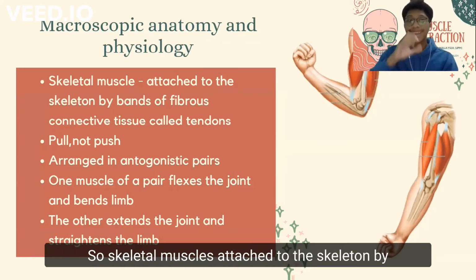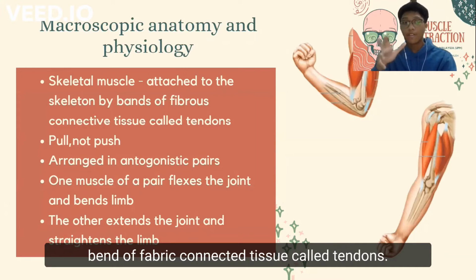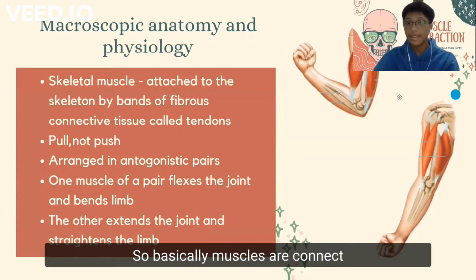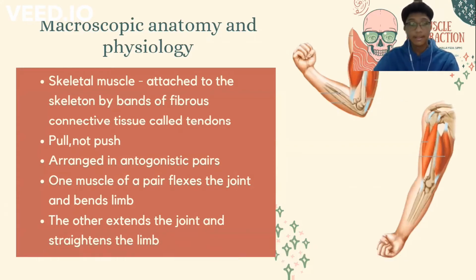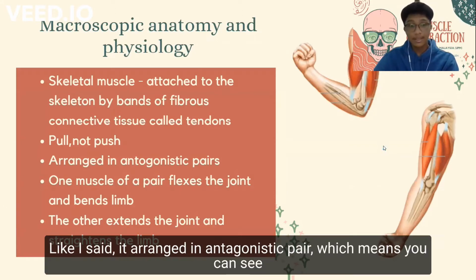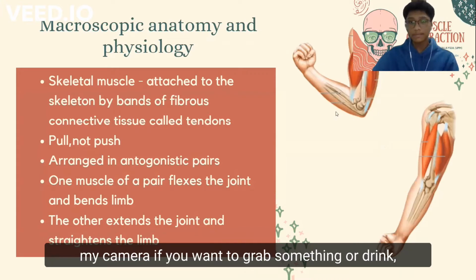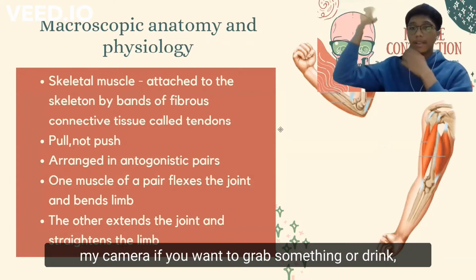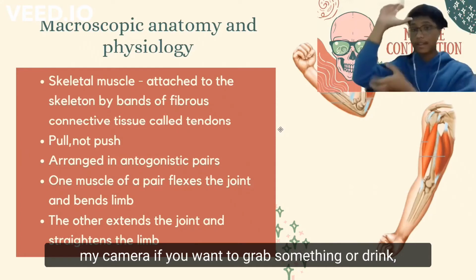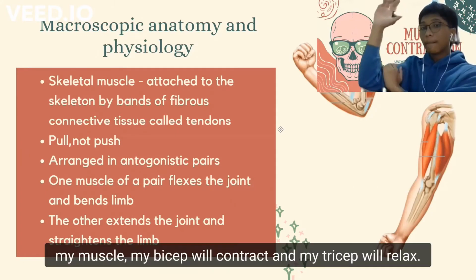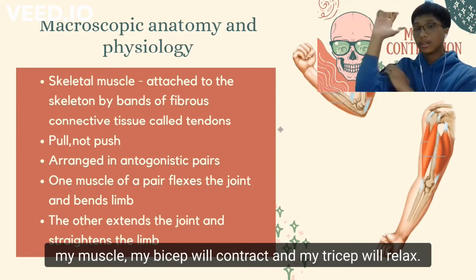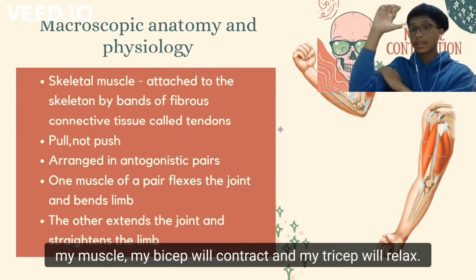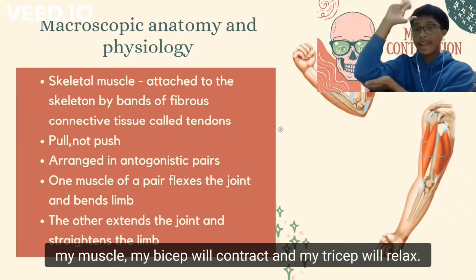Skeletal muscles are attached to the skeleton by bands of fibrous connective tissue called tendons. So basically, muscles are connected to the skeleton by tendons. Alright, so it pulls, not pushes, like I said. It's arranged in antagonistic pairs. If I want to drink, my bicep will contract and my tricep will relax.